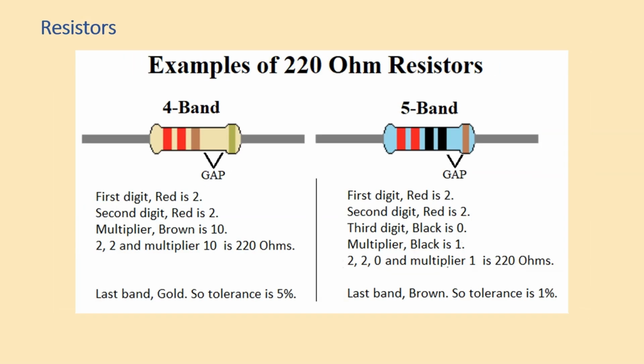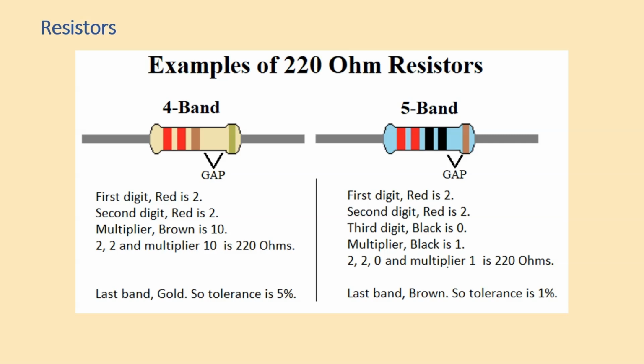And here is a picture with a couple of examples of 220 ohm resistors, one with 4 bands, one with 5 bands. When selecting resistors for this project, you can use this picture as a reference to identify the 220 ohm resistors.